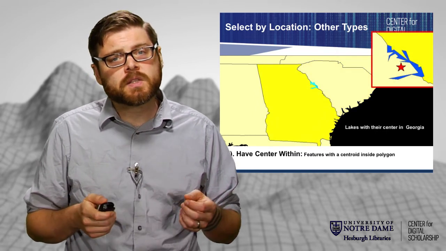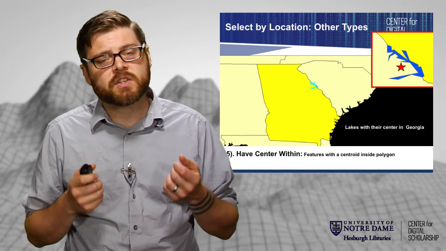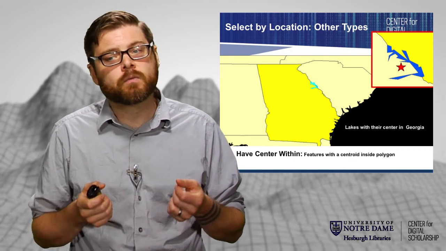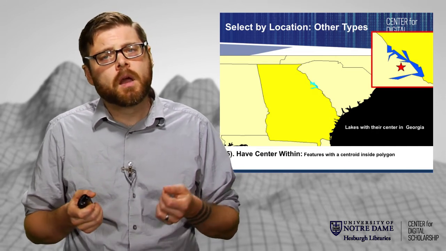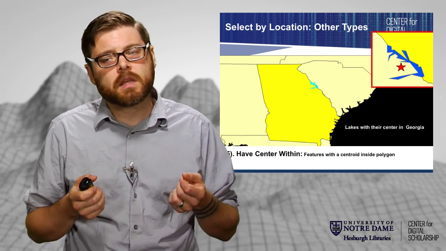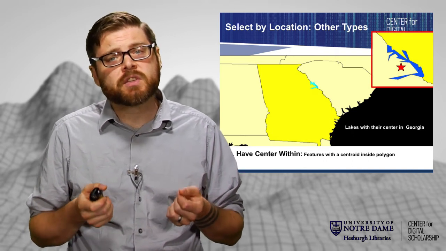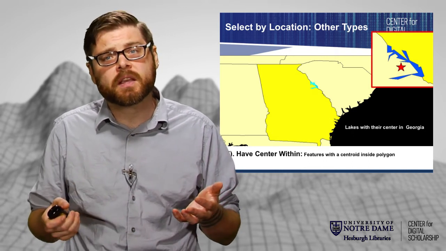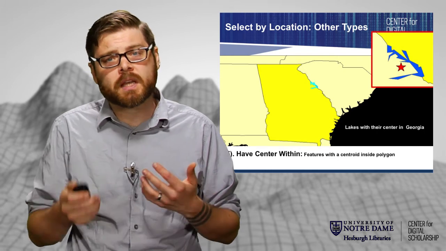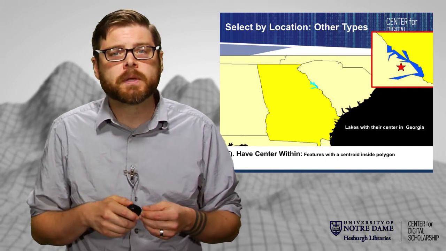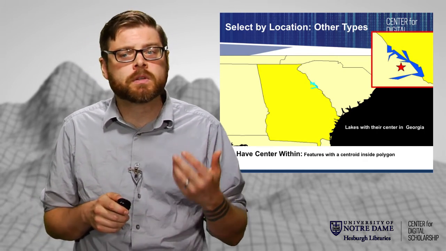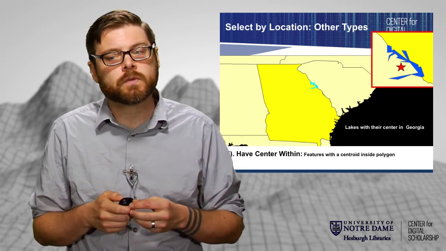That's because we're looking at the centroid of that polygon that represents Clark's Hill Lake. And what you notice is that in this case, the centroid, the center point of that polygon, is not actually within the polygon. So it's important to keep in mind that some of these more complex spatial relationships might be a little bit more difficult to run the analysis on.